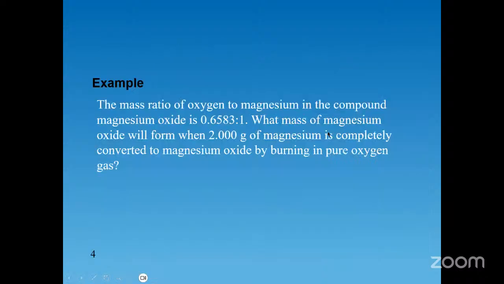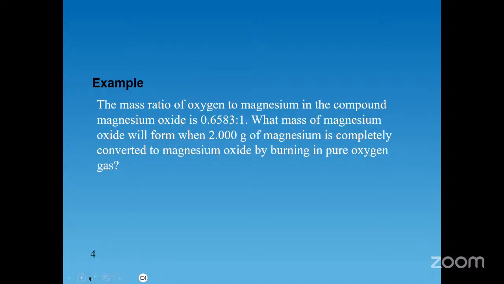Okay, so let's look at this example. It says the mass ratio of oxygen to magnesium in the compound magnesium oxide is 0.6583 to 1. The question is asking what mass of magnesium oxide would form when 2.000 grams of magnesium is completely converted to magnesium oxide. To answer that, we first have to use this ratio to find out how much oxygen was incorporated in the magnesium.